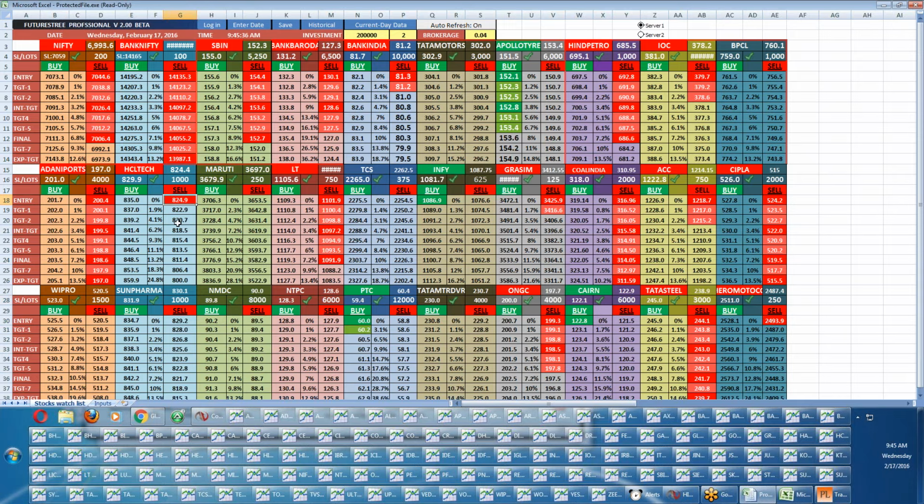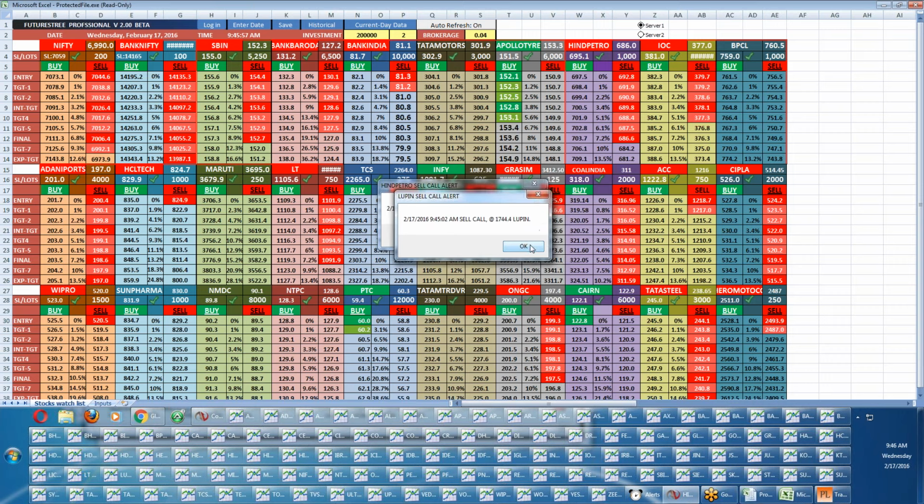So HCL Tech is a sell 824.90. Can we have a buy? Voltas sell, Lupin sell, Inpetro sell.